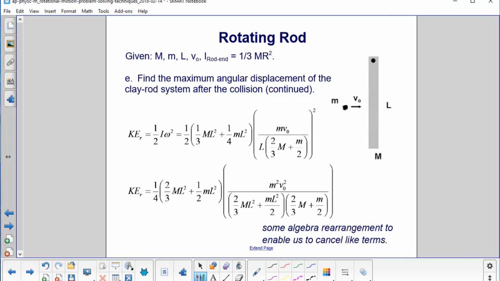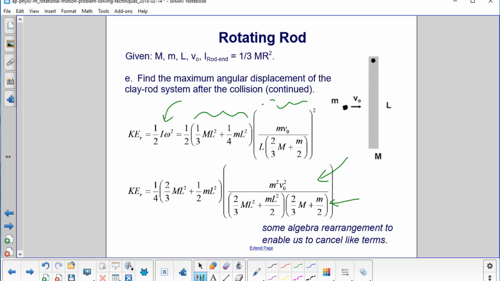Calculating the rotational kinetic energy, it is 1/2 I omega squared. Here's our value of the moment of inertia found earlier, and here is our omega, and then we have to square it. So first, we square the term on the right, and we come up with this expression here, okay? And notice we didn't multiply this out in the denominator. Why?